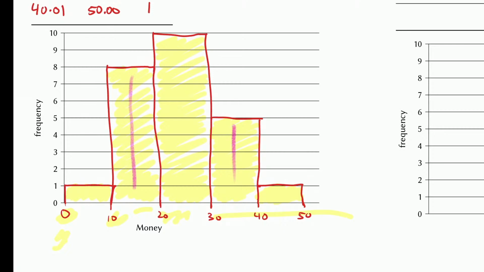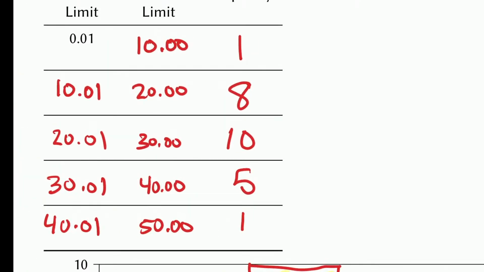Real data is almost never perfect. And so when we say symmetric, we mean approximately symmetric. If you squint, it looks kind of symmetric. If you look at the numbers, 1, 8, 10, 5, 1, that looks pretty symmetric. I know it's not perfect. Statistics is never perfect. So don't expect perfection out of your statistics. You'll be disappointed. Okay, so let us move on.